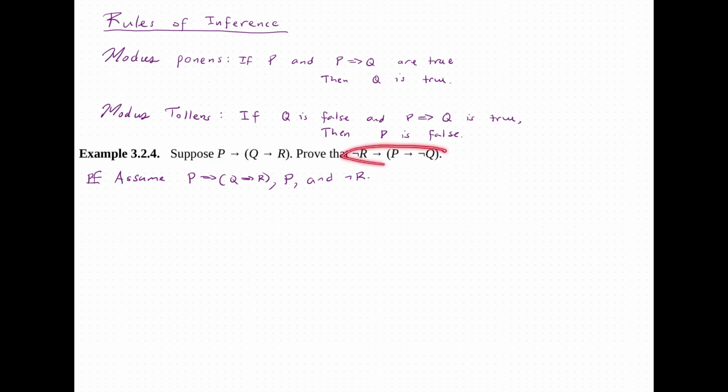But in order to prove this, we are also going to assume that not R is true. And then we want to prove that P implies not Q. So it suffices to show that P implies not Q.